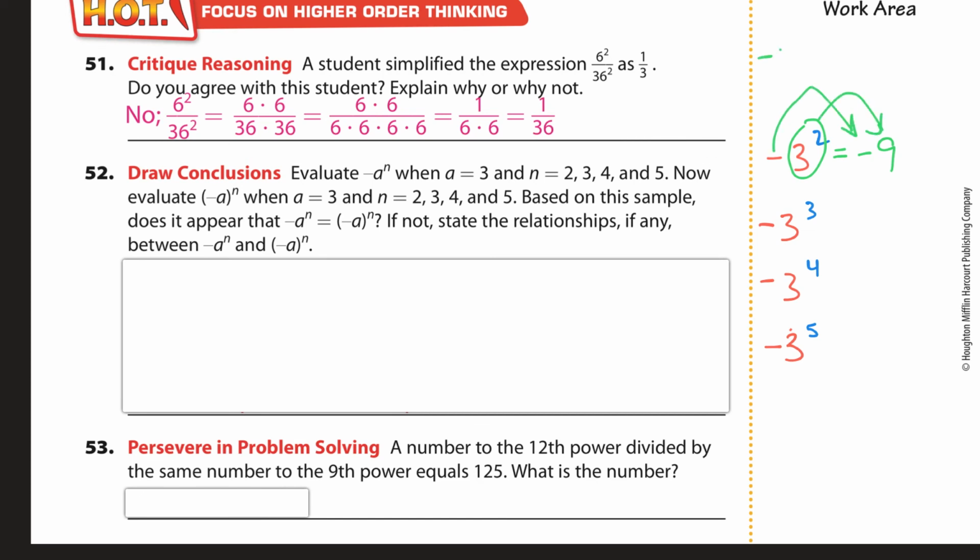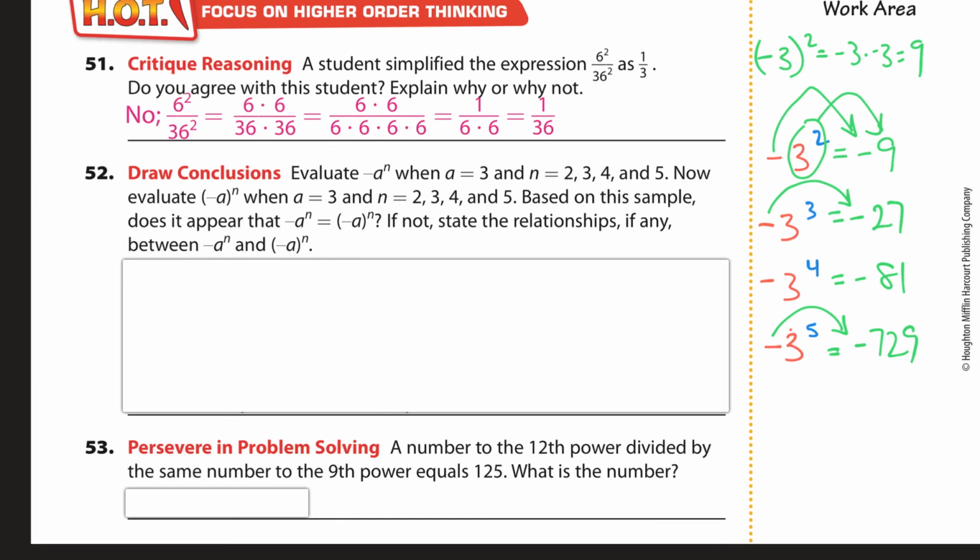That's different than negative 3 in parentheses to the second, where that would be negative 3 times negative 3, which is positive 9. See, that's a different result there. Now for this one, that would be a negative again, and that's 27. And the negative is going to be there every time. That's 81, and that's 729.